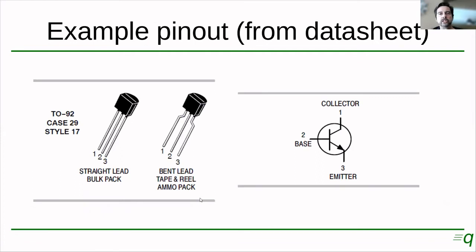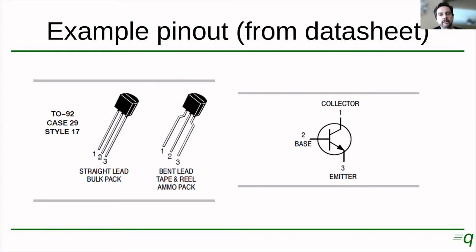When you check the data sheet for the pinout configuration, you will find something like this, right? This small signal transistor case that is used in through-hole mounting is called a TO92 case, and this is very, very common. It may come with the terminals straight or with the terminals bent like this, and spaced a little bit more.